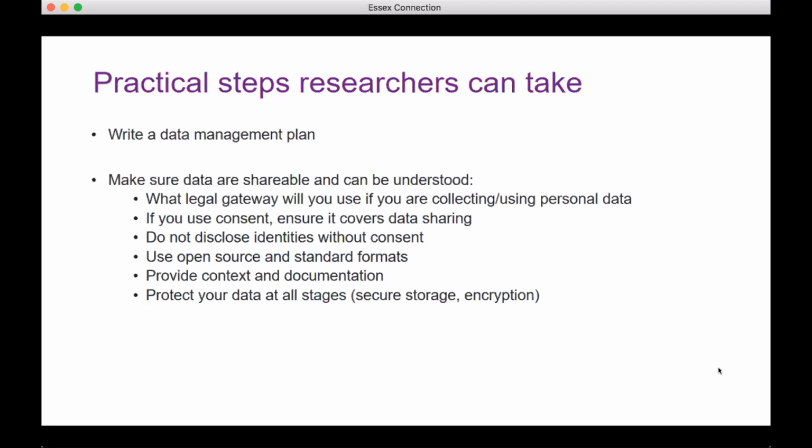So if we choose consent, then we would need to obtain this from all our participants before we can share that data. So depending on what participants agree, we might not be able to disclose their identities, and here anonymization and access controls are essential, which we will have a look at as well.